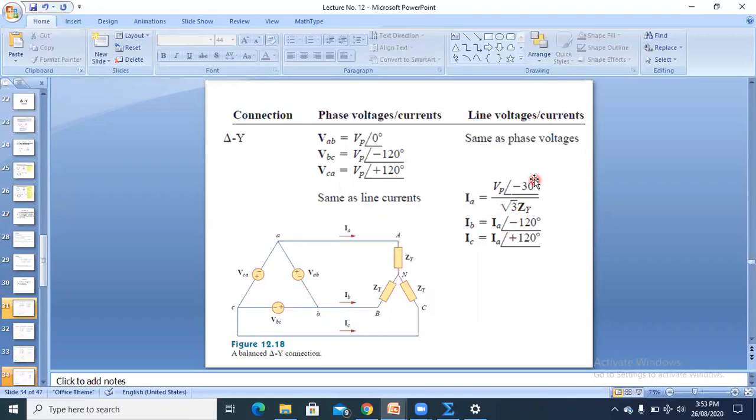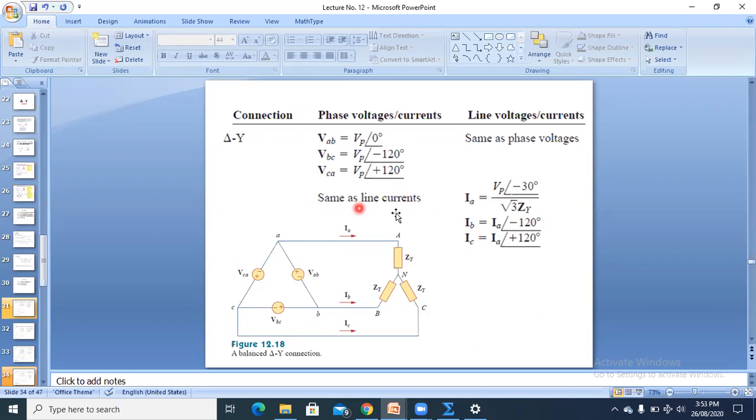The √3 and that minus 30 degrees are there because we have converted this into the Y network. So the value of the line current is the same as these line currents.